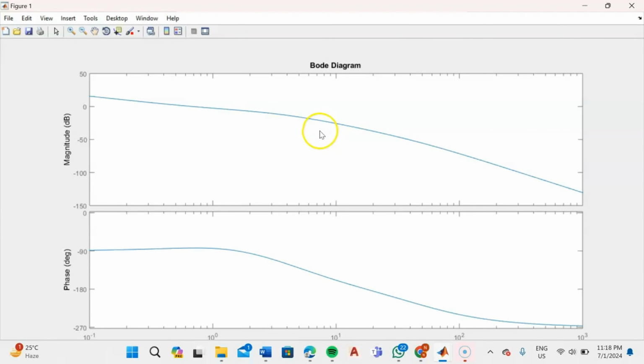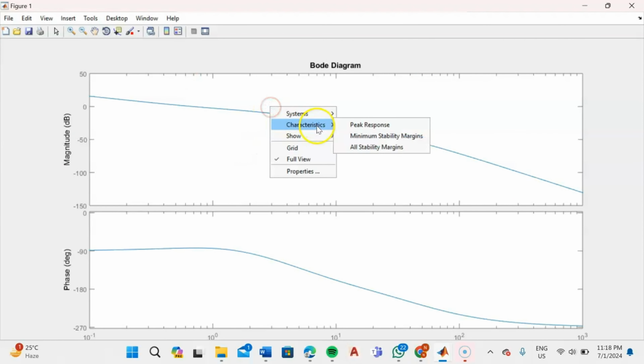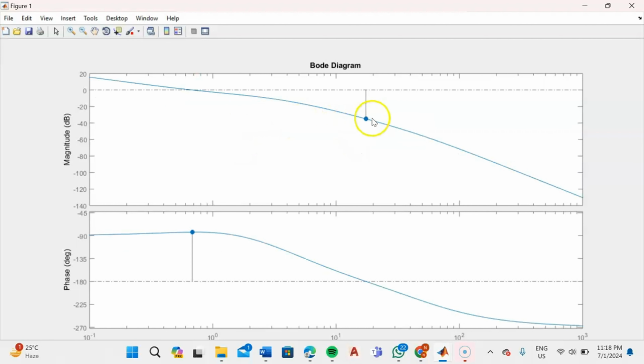And here is the Bode diagram, characteristic or stability. For this system, the gain margin is 35 dB at frequency 17.5 rad. Is the closed loop stable?